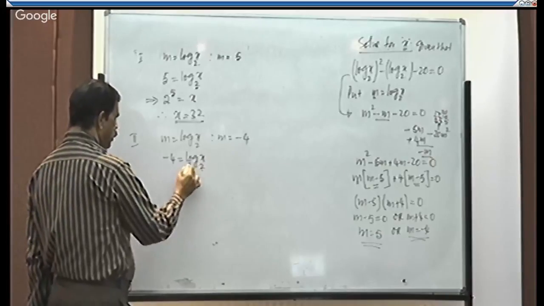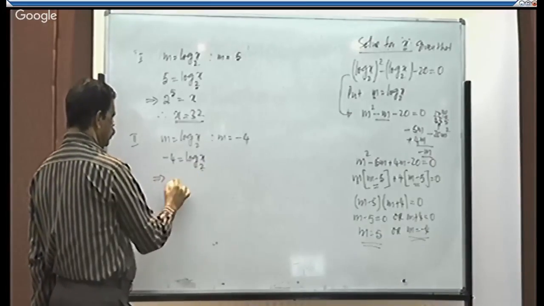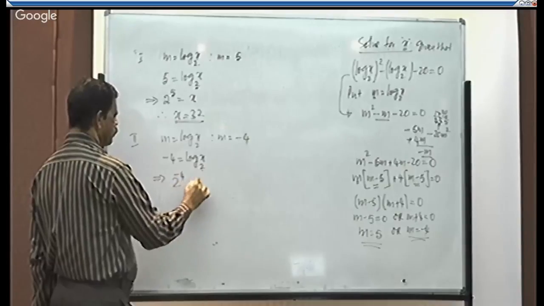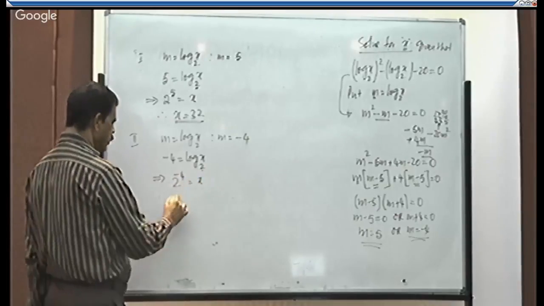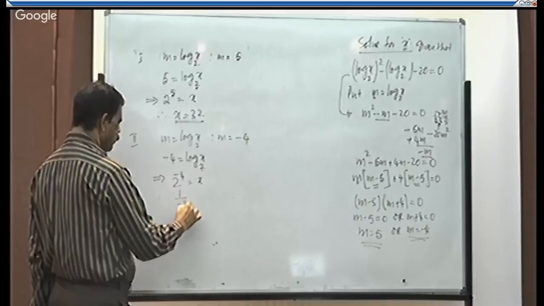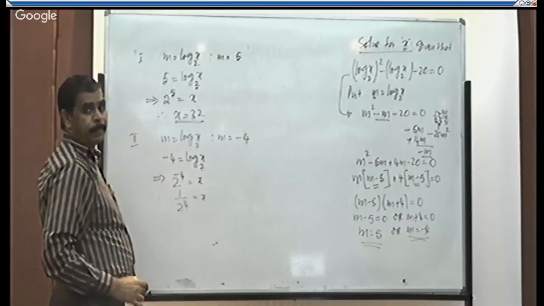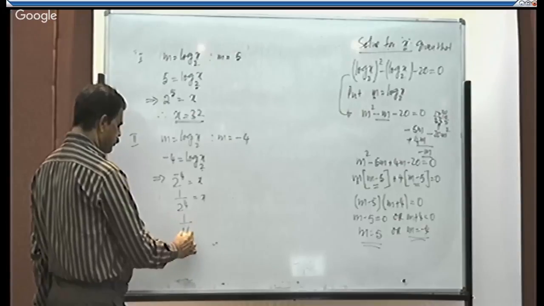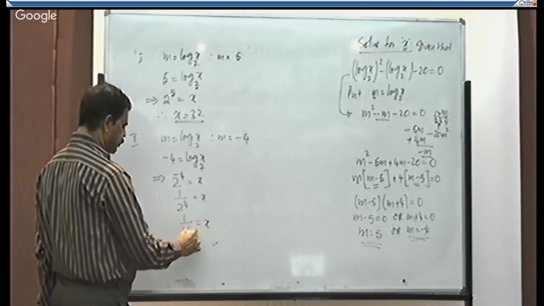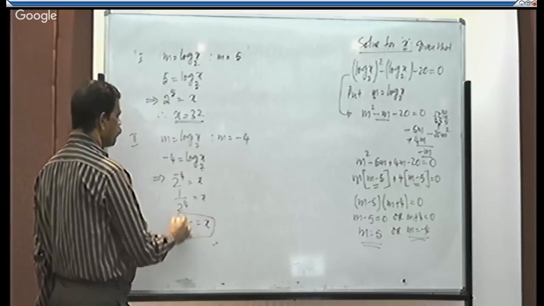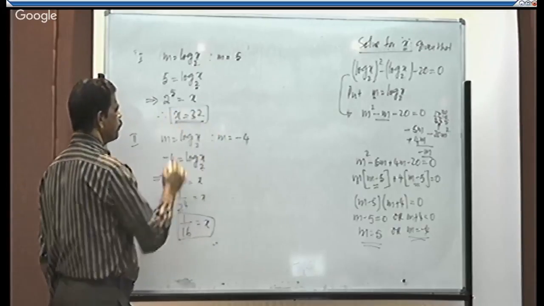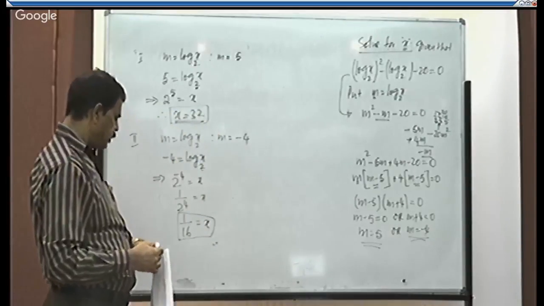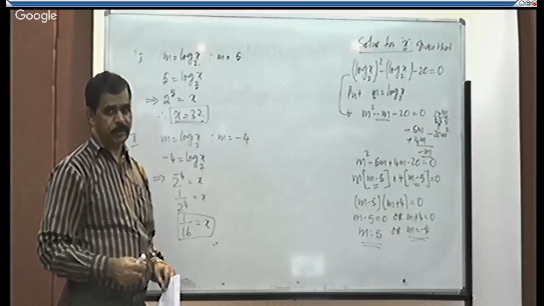Then the index form of this is what? 2 to the power of minus 4 is equal to x. Otherwise, 1 by 2 to the power of 4 is equal to x. Correct? 1 by 2 to the power of 4 is what? 1 divided by 16 is equal to x. So we have two values of x. One is 32, the other one is 1/16.